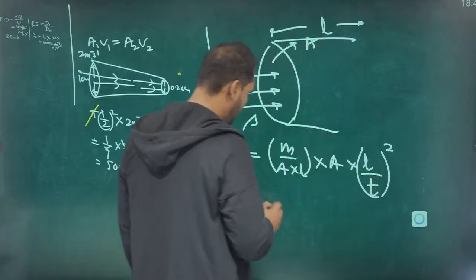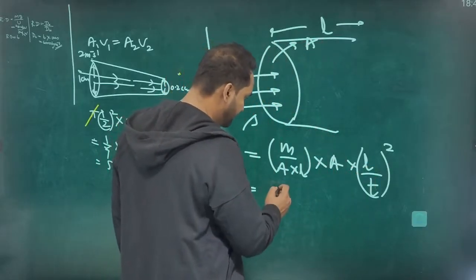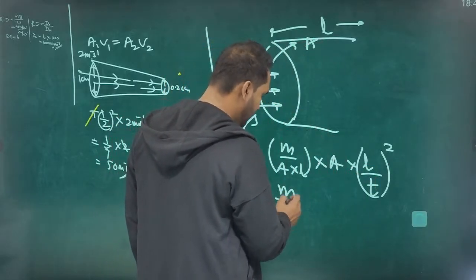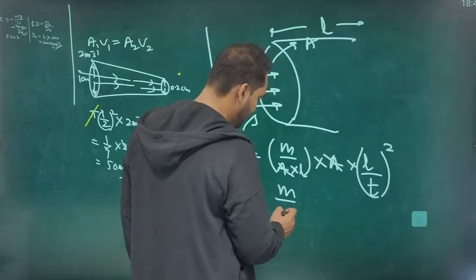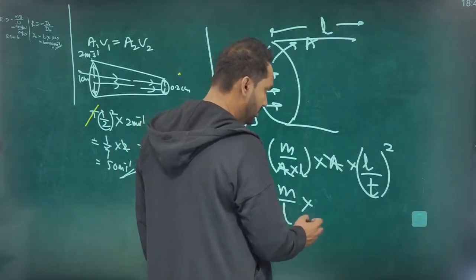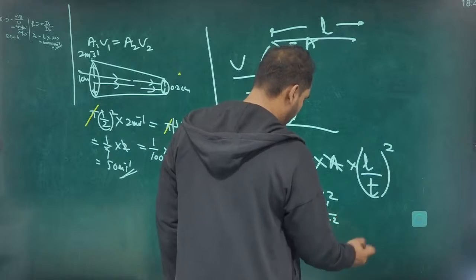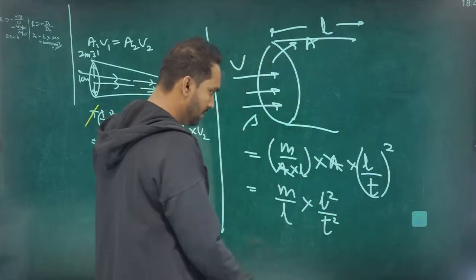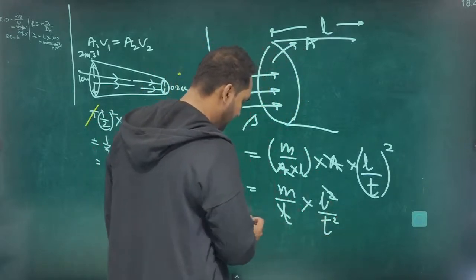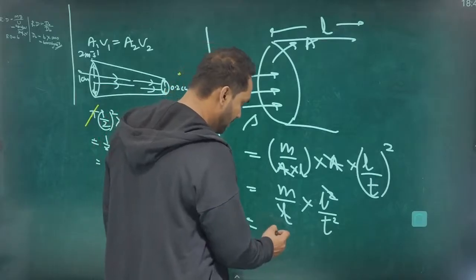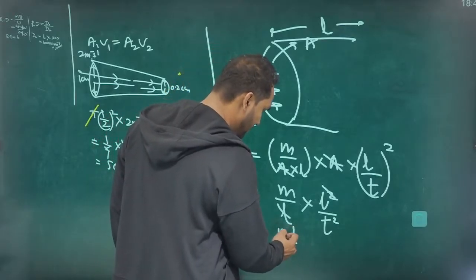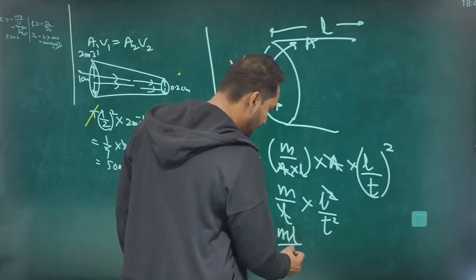This is velocity, so that will be m over, A to A cancels out. Now there's L into L square over T square, and one L to one L will cancel out. That will be mL over T square.